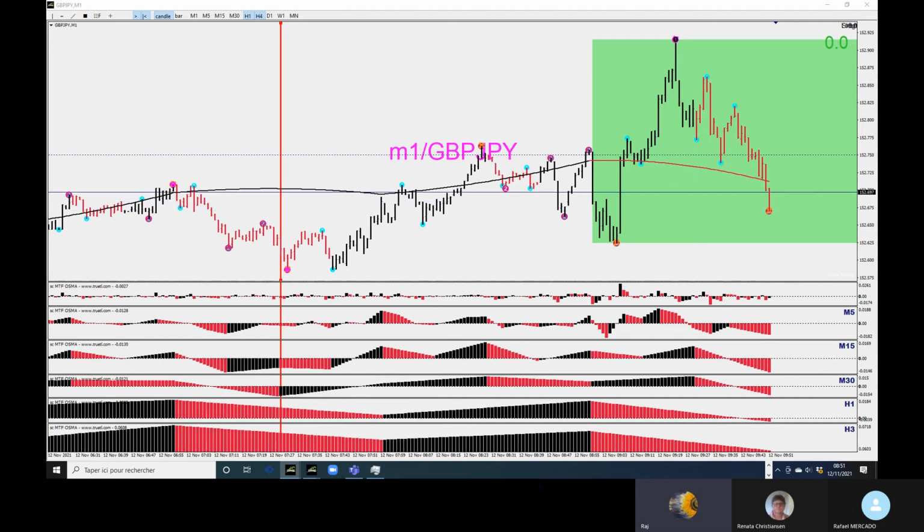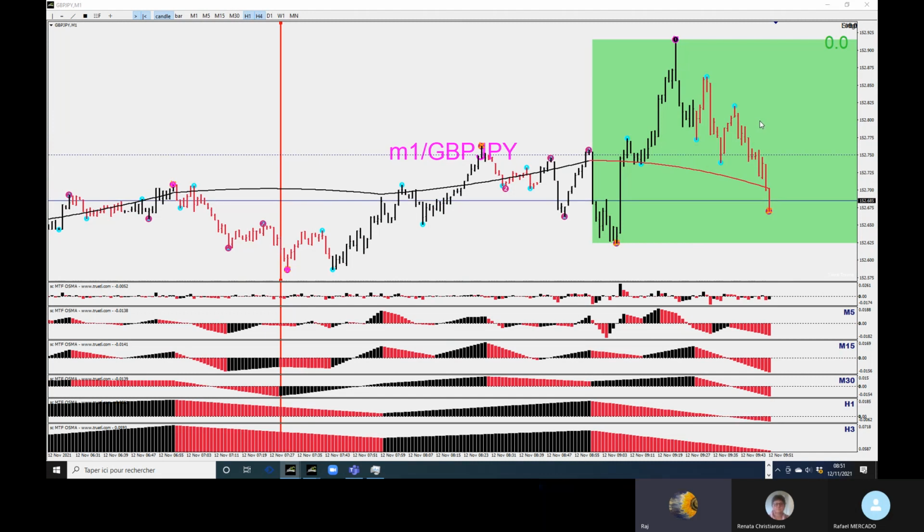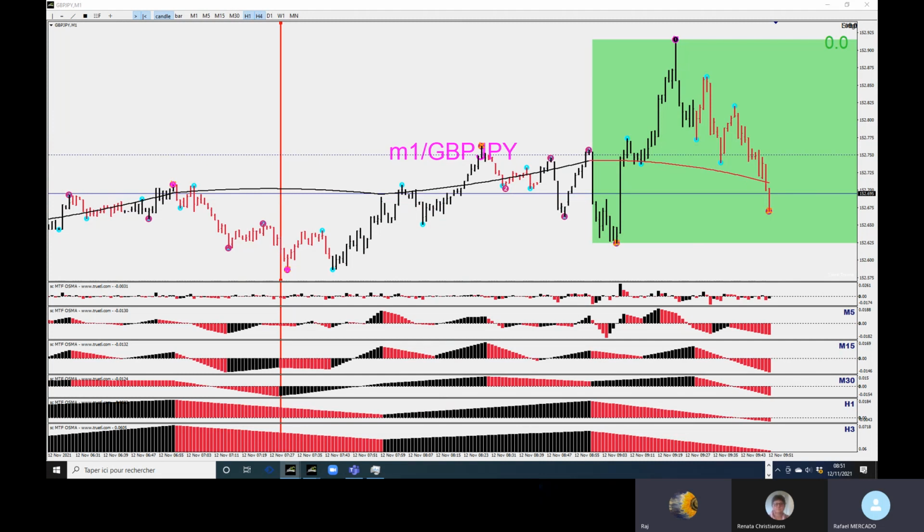Right now, what you have on the 1 minute is a scalp to the short side. Your H10 is probably blue or black in your case. Again, are you scalping or what are you doing? What kind of a trader are you? If you're not scalping, you just let this go and let it line up again. But if you're scalping, then all you're looking for on the 1 minute is the H3 and H1 lined up.